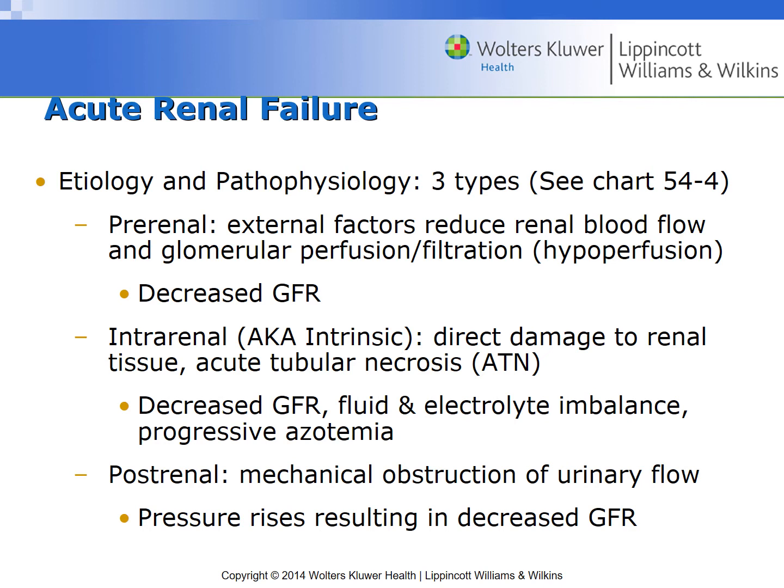Benign prostatic hypertrophy or hyperplasia can cause a problem with the urinary flow as well. So what happens there when there's an obstruction, of course, pressure rises, resulting in a decrease in the glomerular filtration rate there.